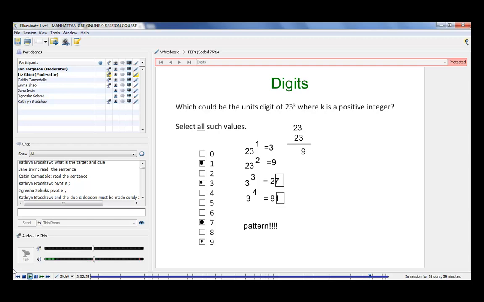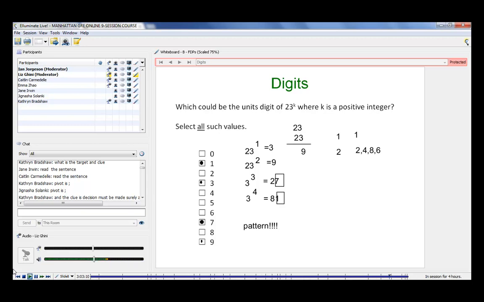All right? And the cool thing about units digit patterns, every units digit from 0 to 9 has a pattern. If I raise, well, let's start with 1. 1, the units digit's always going to be 1. With 2, there are 4 possibilities. 2, 4, 8, and then 6.